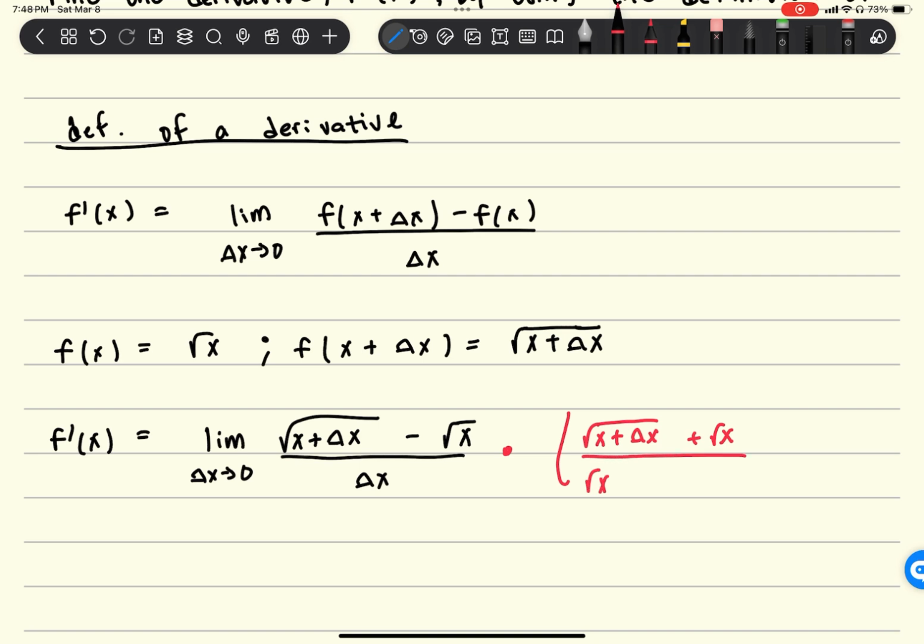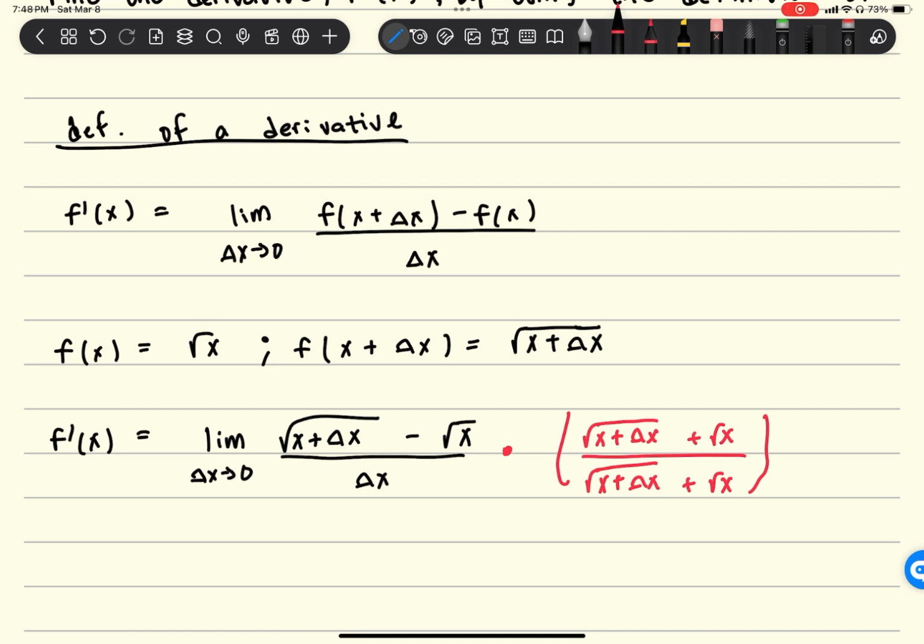The square root of x plus delta x plus the square root of x. All right? And so just like any expressions that involve fraction multiplication, we'll go ahead and multiply numerator with numerator and denominator with denominator. And so in this case, let's go ahead and multiply the numerators together.